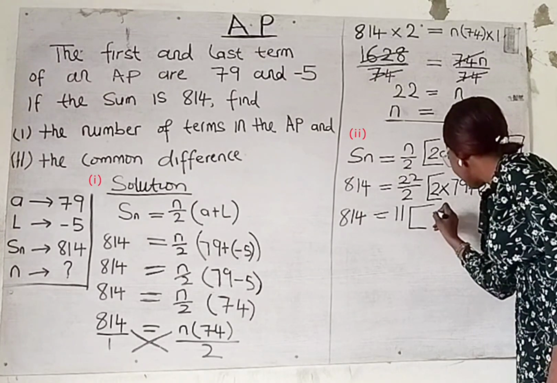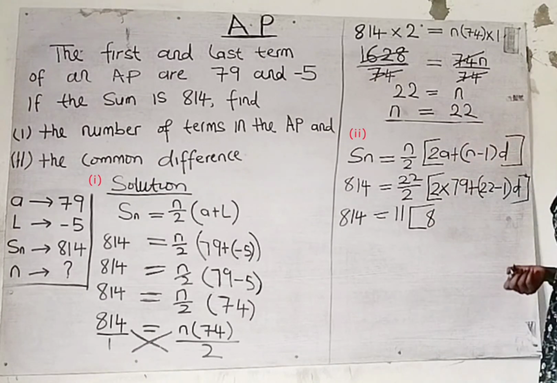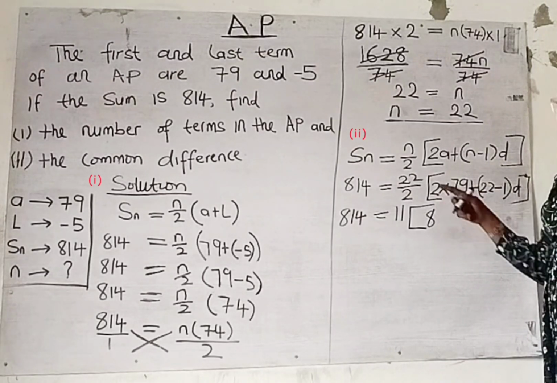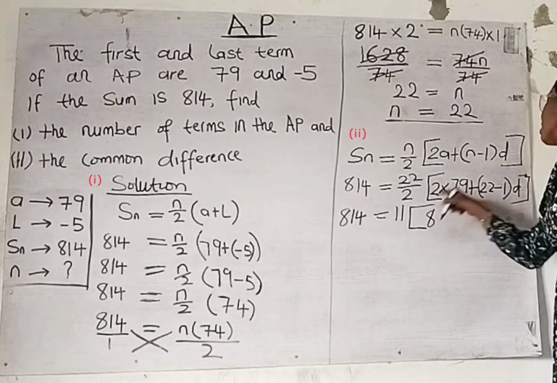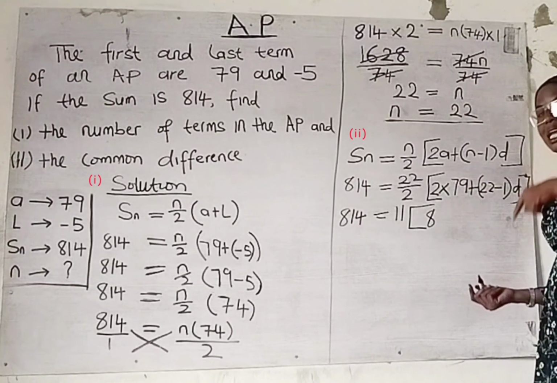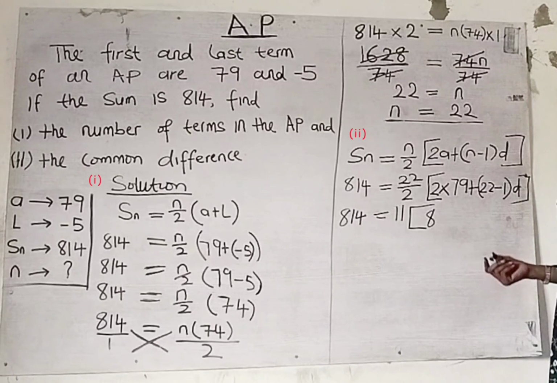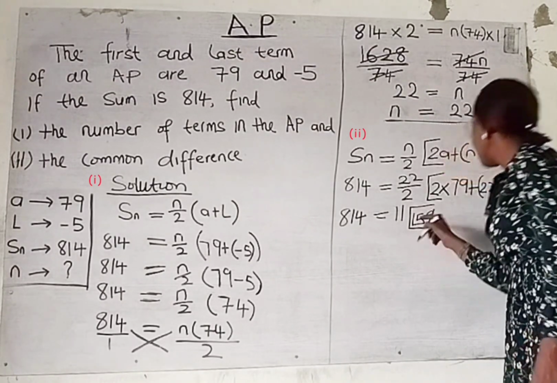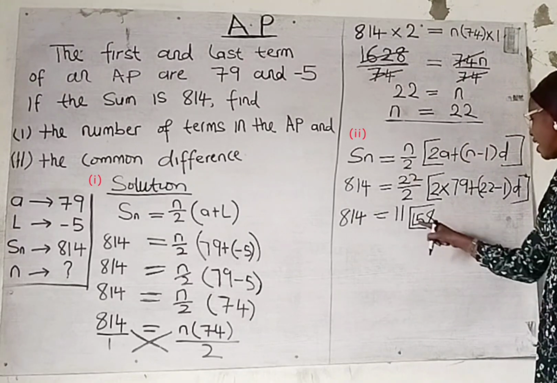I write 8, carrying 1. 2 times 7 gives us 14, plus the one I carry, it becomes 15. So I write 15, making it 158. Okay?